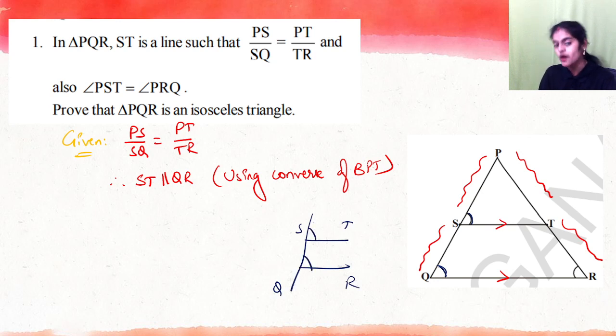One angle is interior, this is exterior, and both are on the same side of the transversal. Such angles are called corresponding angles. And when lines are parallel, corresponding angles are equal.